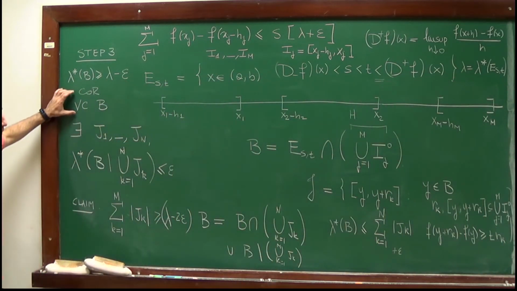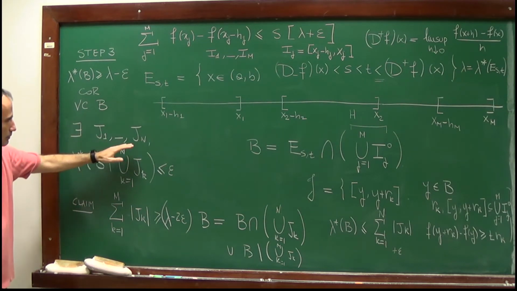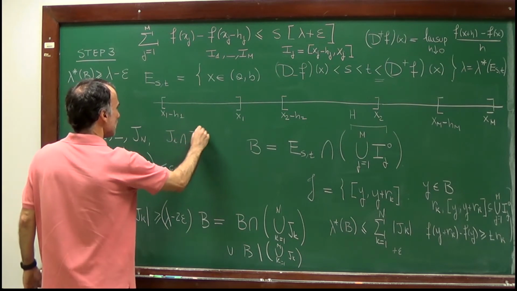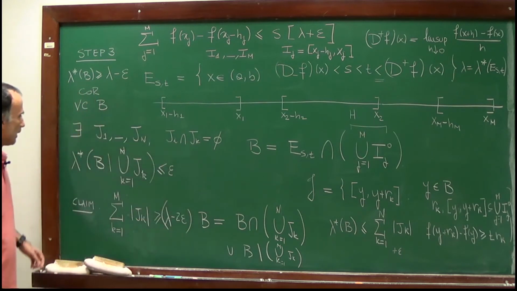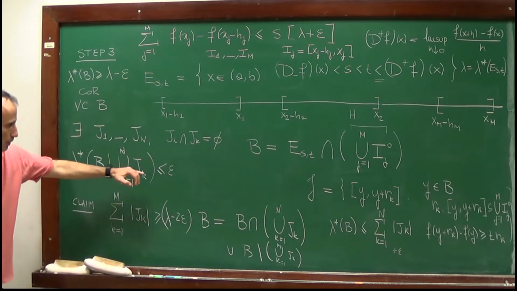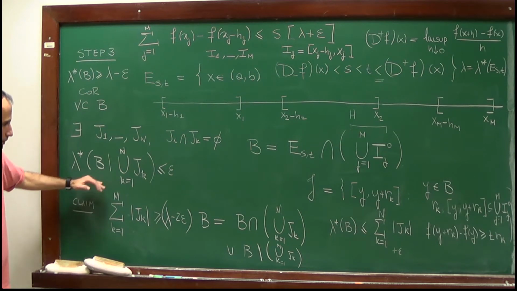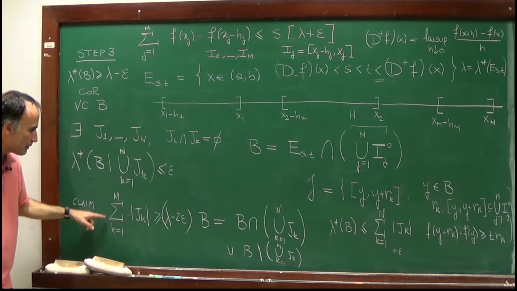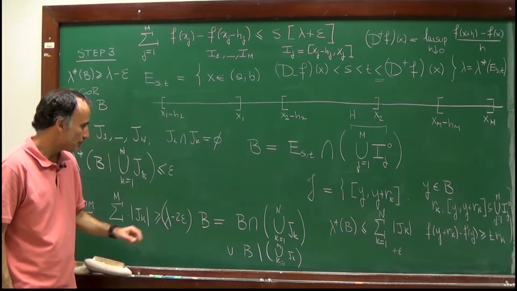we used here, once again, the Vitali covering lemma in order to get these intervals. As I said, these intervals are disjoint, two by two, right? The outer measure is small, and from the fact that the outer measure of this set is small, we deduced that the total length of these intervals is bounded below by lambda minus 2 epsilon.